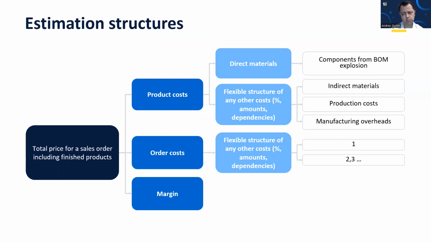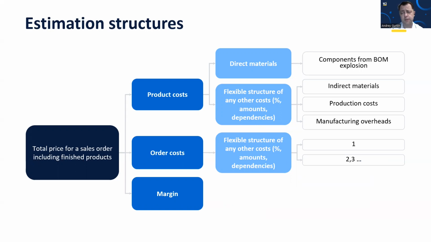So for each of the orders, we will have two different main sections. The first one is called product cost. Here you can see two subsections. Direct materials is almost the same as in the current functionality, but regarding the flexible structure of any other costs, we can create different subsections.